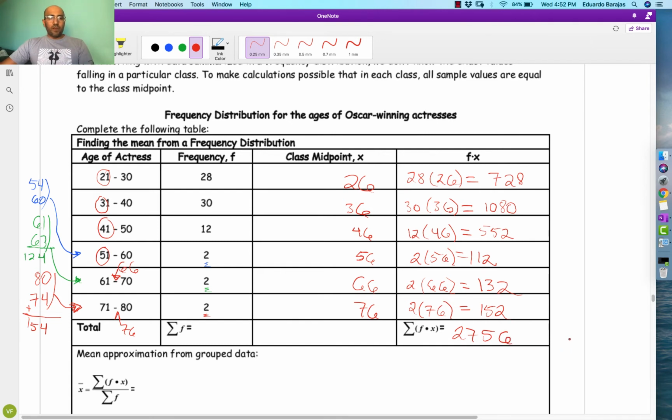Good. And next, we want to add up the frequency values. 28, 30, 12, 2, 2, and 2. And if we add up the frequencies, that adds up to the total number of women in our list. So I get 76.